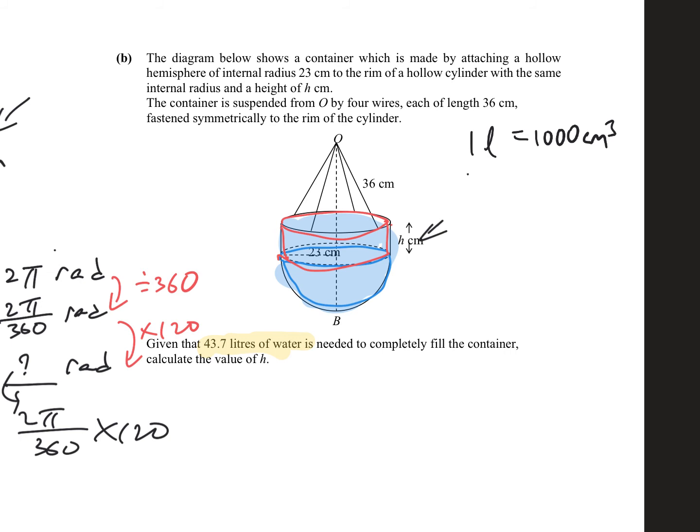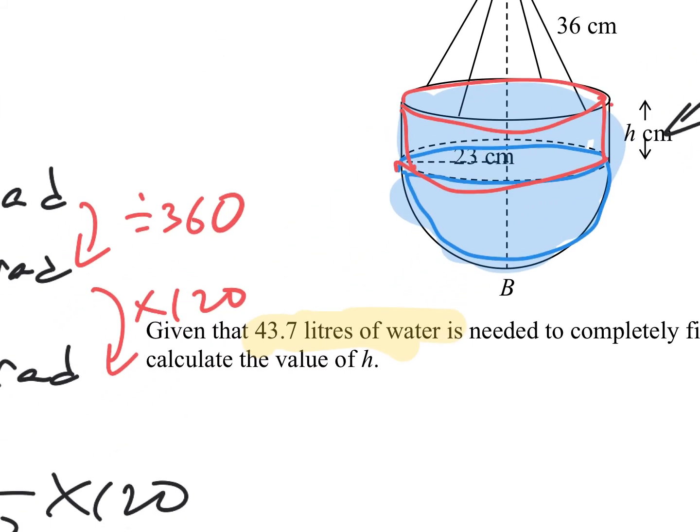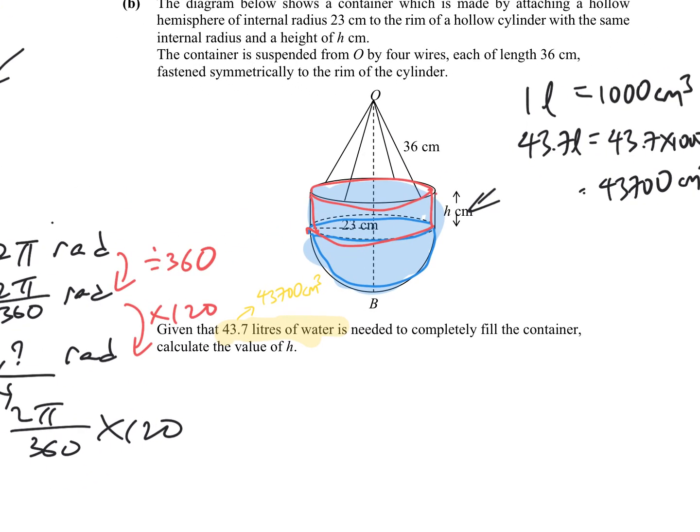And so 43.7 liters is simply 43.7 times 1,000, which is 43700 cm cube. Yep. So when you look at this, you should just think now in your mind, this is 43700 cm cube. Yep.